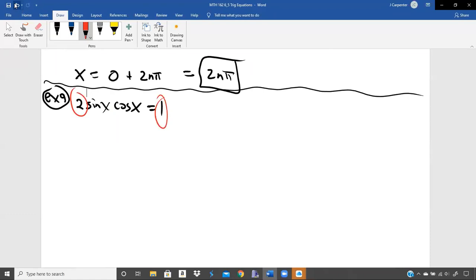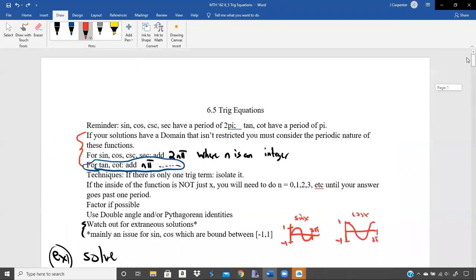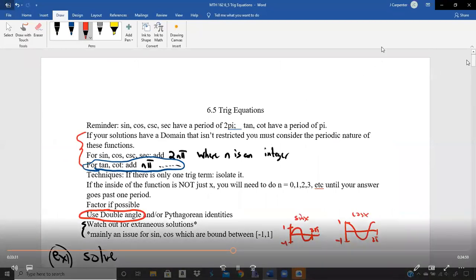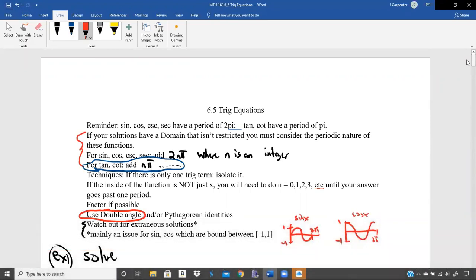Now, we've had the 2 in front and it not be a problem before, but how it's messing us up here will also be a strength. So let's go back to the very beginning, those instructions. And something we haven't done yet, we have used Pythagorean identities, but we have not used any double angle identities. Now, in the real world or a class past this, you may need half angle identities, or sum and difference identities.